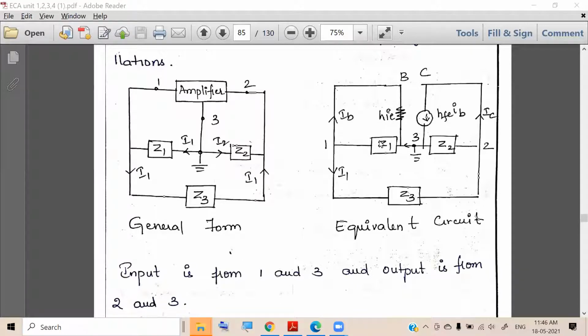Can anybody answer? Z1 and HIE, those two components are in what? Please answer. Series, sir. How are they in series?